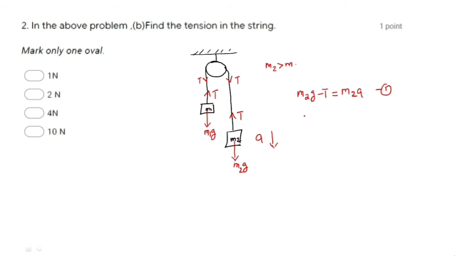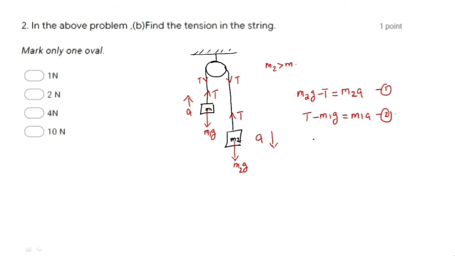And if you write the equation for mass M1, we can see M1 is accelerating upward. M2 is accelerating downward, M1 is accelerating upward. So we can write this equation as tension minus M1g is equal to M1a, equation number 2. So these are the equations we can write from this Atwood machine.